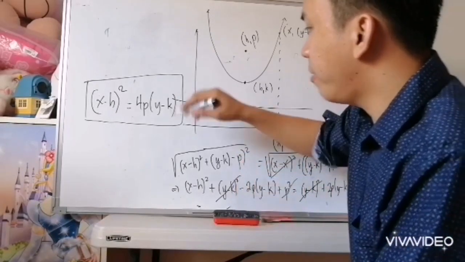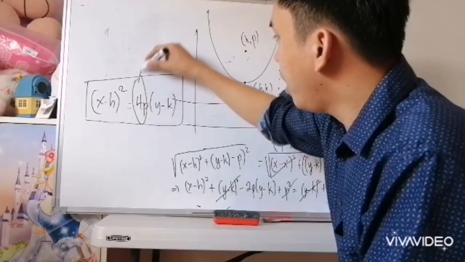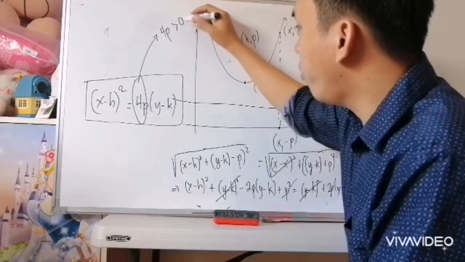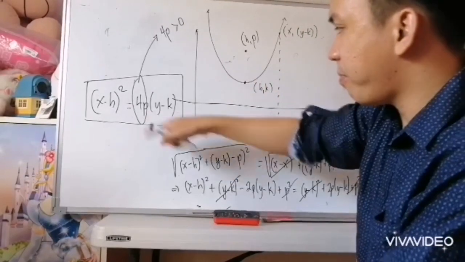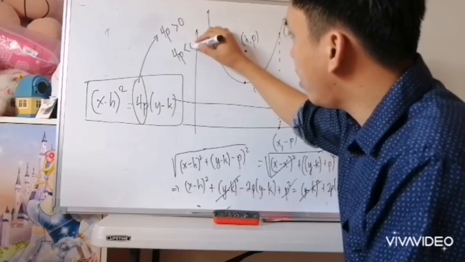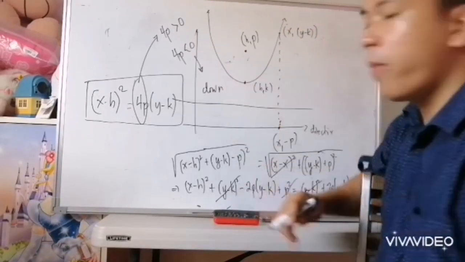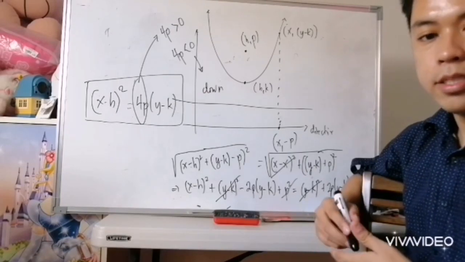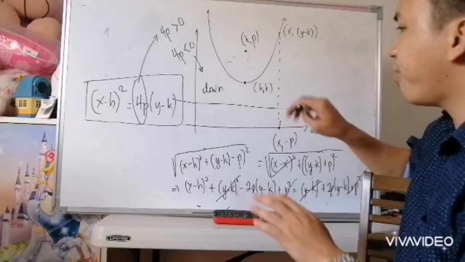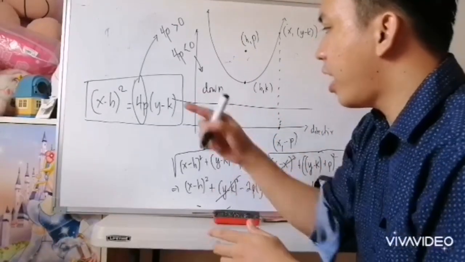So your 4p here matters, because if the value of your 4p is positive, of course it opens up. But if you get the value of 4p as negative, then your parabola opens down. Same derivation for when your parabola opens either right or left.